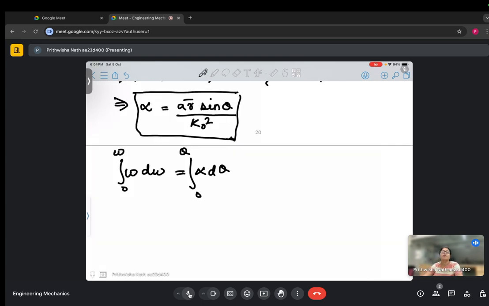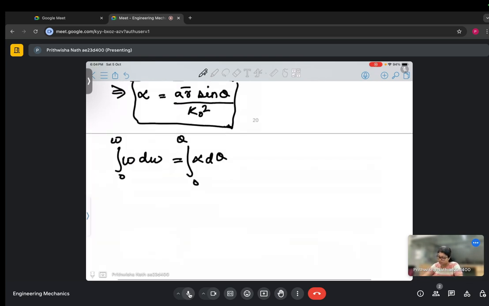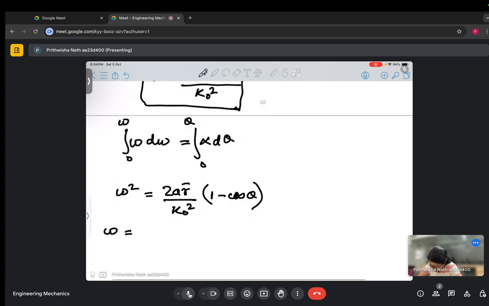So I'll just substitute the value of alpha and write this equation as this. So finally omega comes out to be this. Now I'll just simply substitute the given values, and from there I get omega.